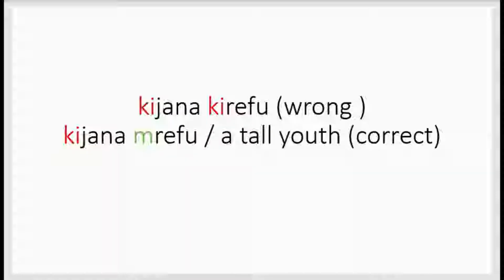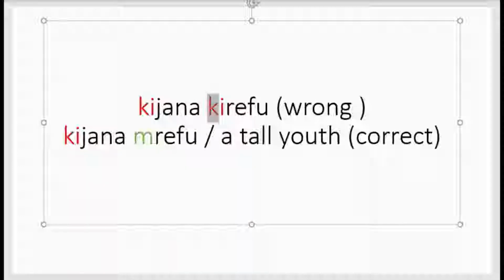Now here, if you say kijana kirefu and claim that the prefix of the adjective has to agree with the noun as we just learned, you are wrong. These are exceptions, which don't strictly follow the rule we just learned.